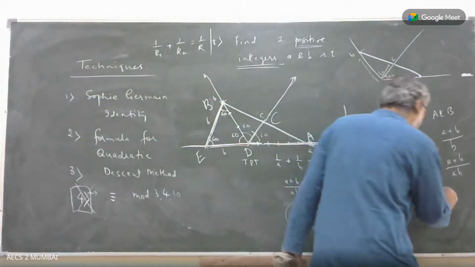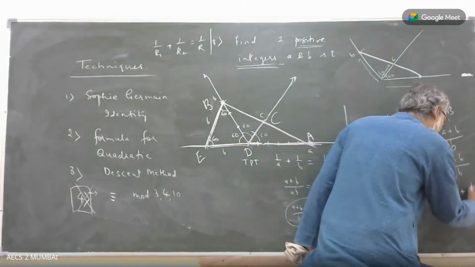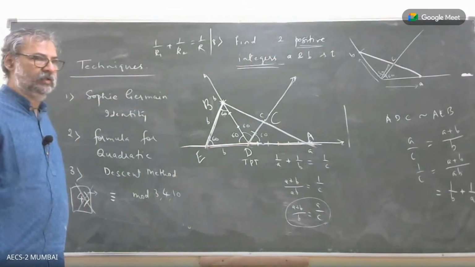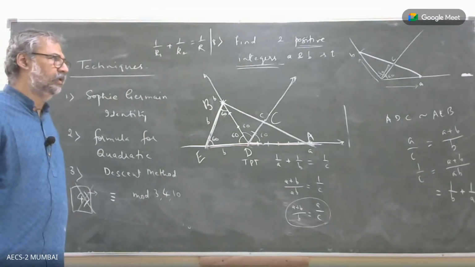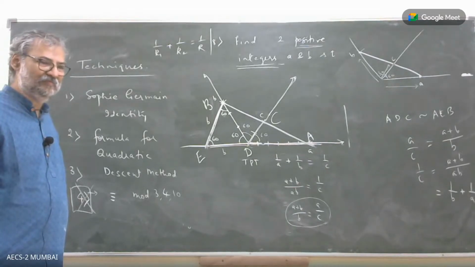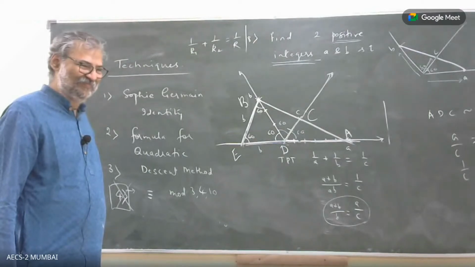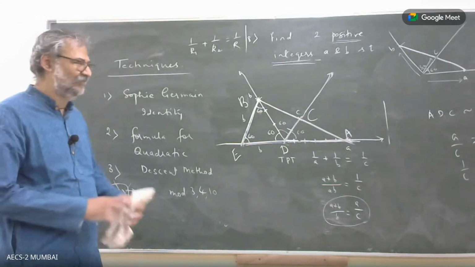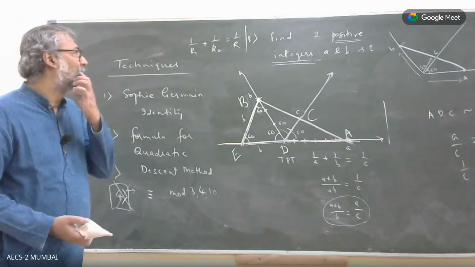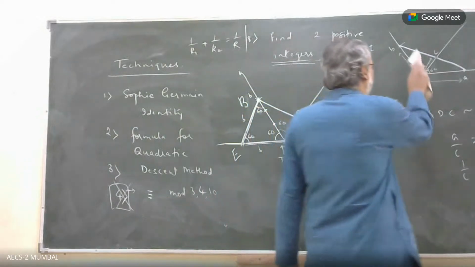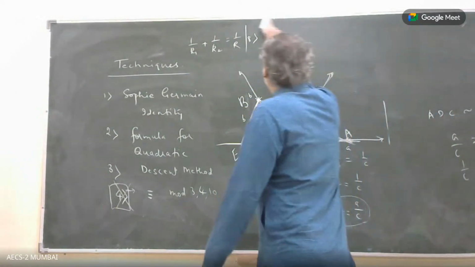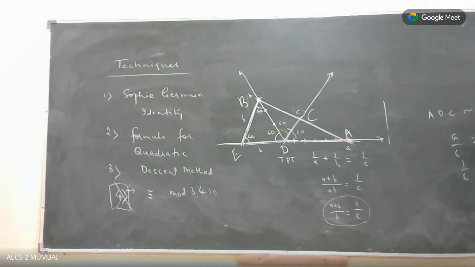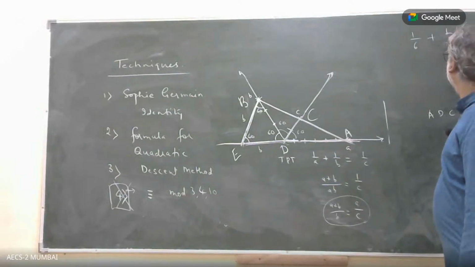So this one has simplified: A upon AB, 1 by B, B upon AB, 1 by B. Okay, so look at that example of 1 by 6 plus 1 by 3 equal to 1 by 2.